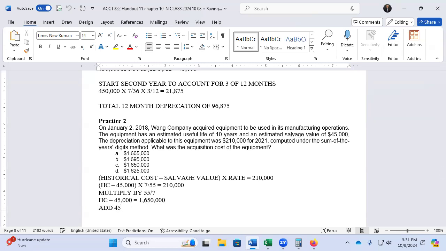Add 45,000 to both sides. And so we get historical cost equals 1,695,000.